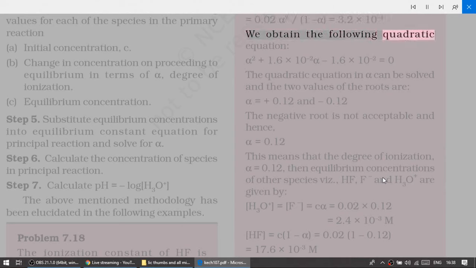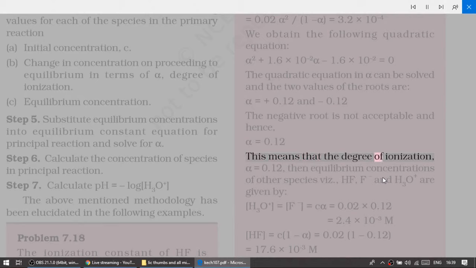We obtain the following quadratic equation: α² + 1.6 × 10⁻² α − 1.6 × 10⁻² = 0. The quadratic equation in alpha can be solved and the two values of the roots are α = +0.12 and −0.12. The negative root is not acceptable, and hence α = 0.12.